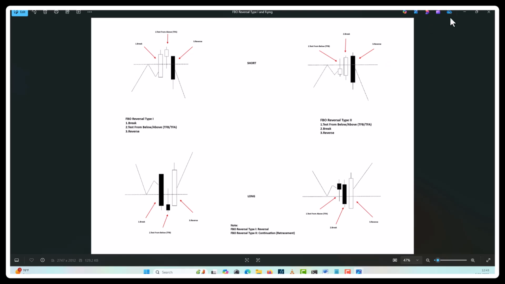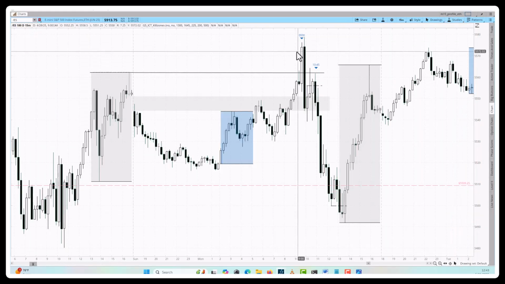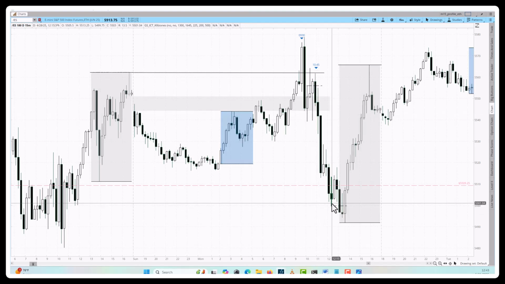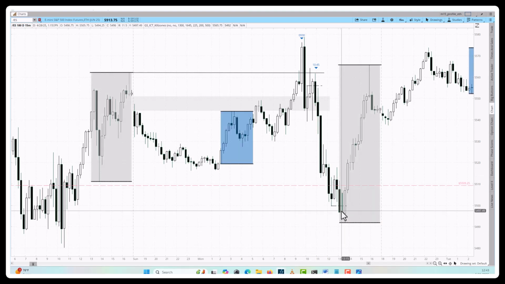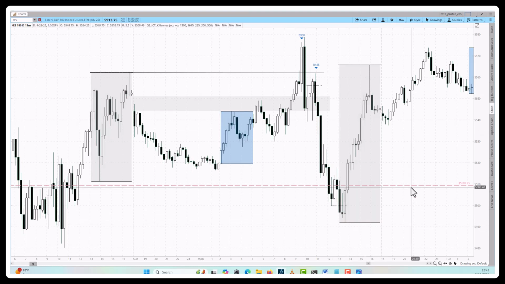And this one happened on a reversal, exactly after 2 legs, right? First leg, retracement, second leg. And you could say maybe more than 2 legs. It's more like third leg, fourth leg. After 4 legs, if you count the 2 small legs right here, then the reversal happened. And the reversal is type 1 right there. Break, touch from below, reverse. Man, you couldn't ask for a better setup than this.